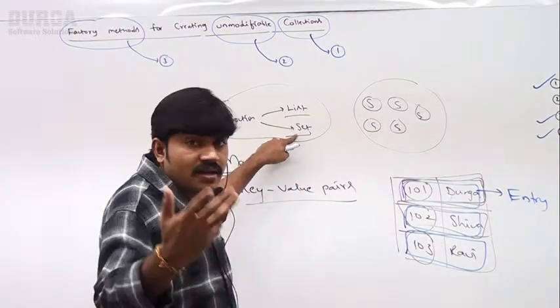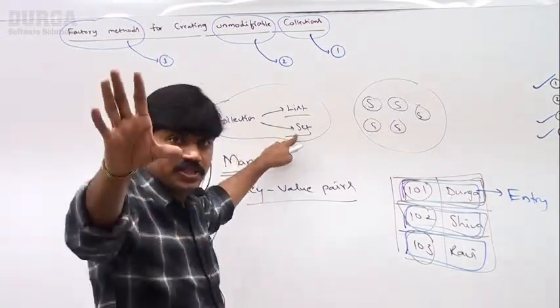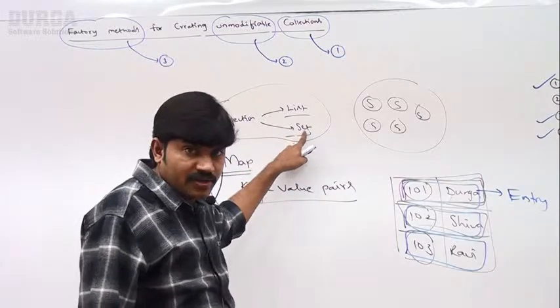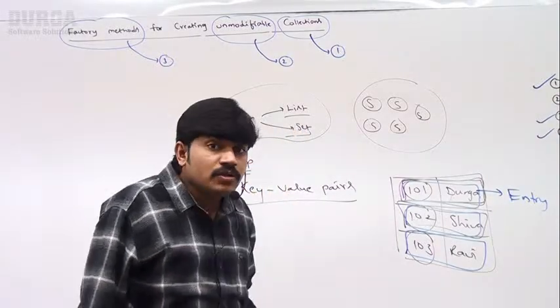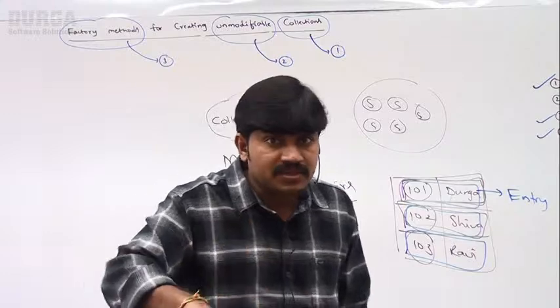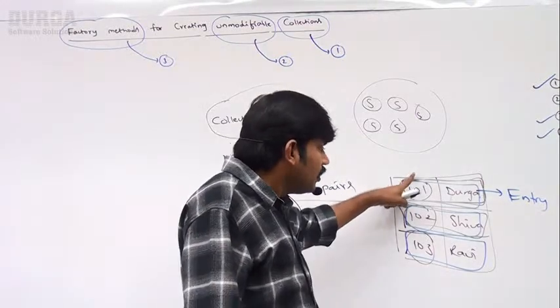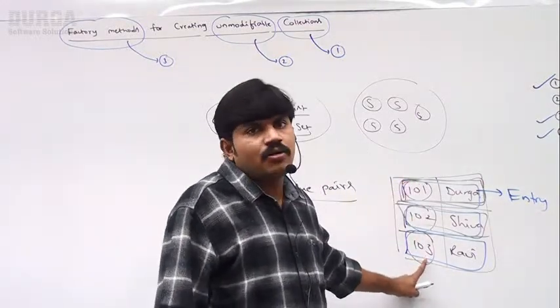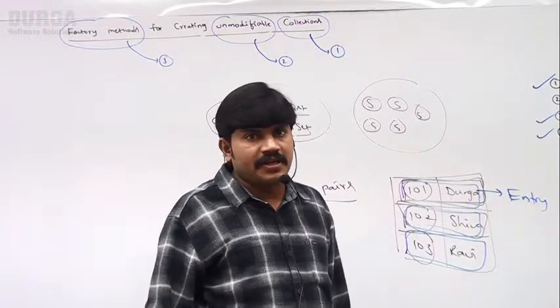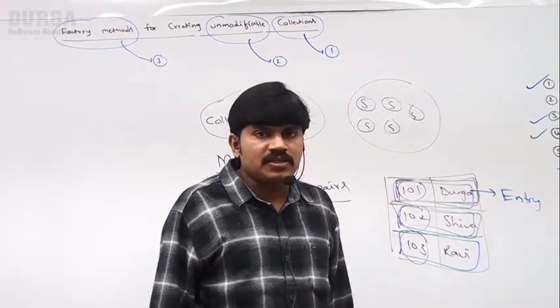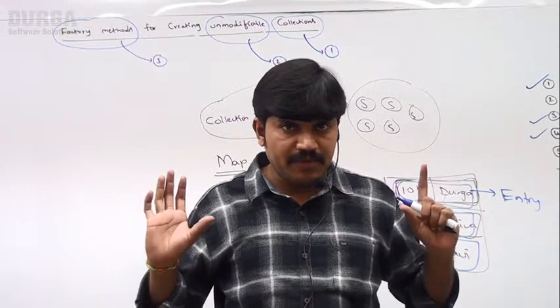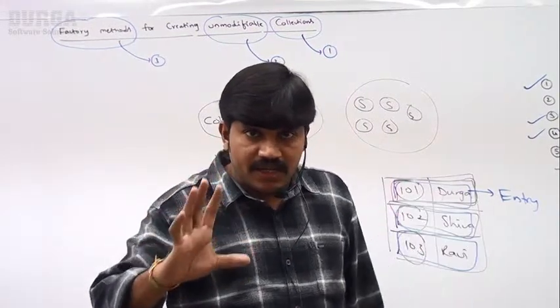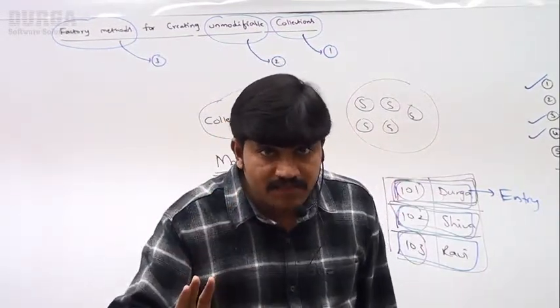Next, duplicates are not allowed, insertion order not preserved. That is the rule of set. Are you getting? Next, if you want to represent a group of key value pairs, then we should go for what? Map. Duplicate keys are not allowed, but values can be duplicated. Each key value pair is called what? Entry. Remember that? Are you getting basic idea about collections concept, right?